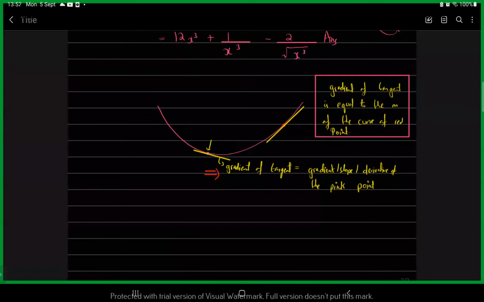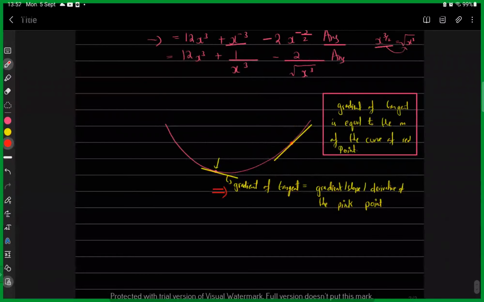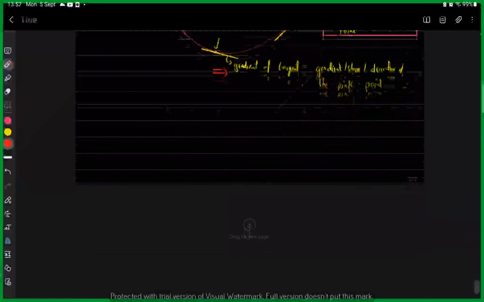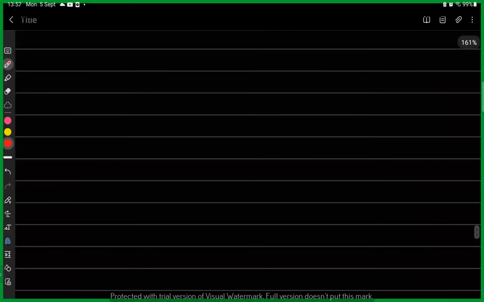Okay, let's do one more question from the book that is related to the similar topic. And let's see if you guys can do something about it or not, okay? So the question is again very, very similar.